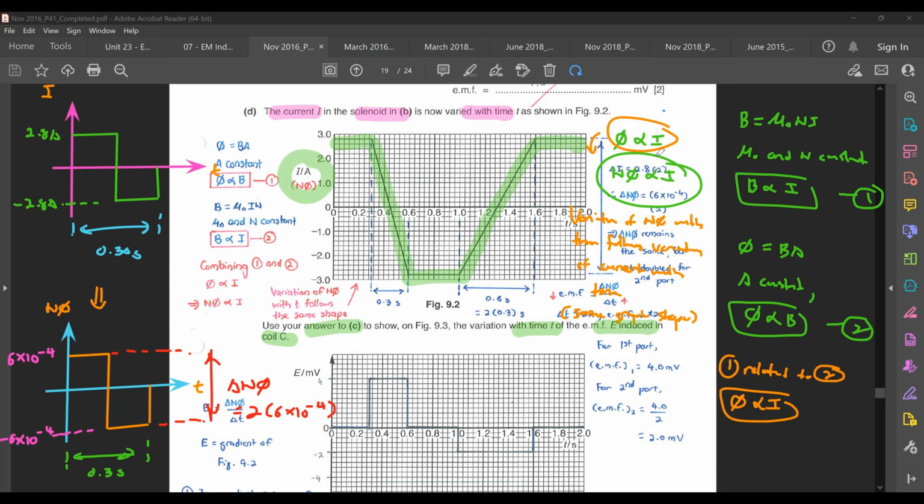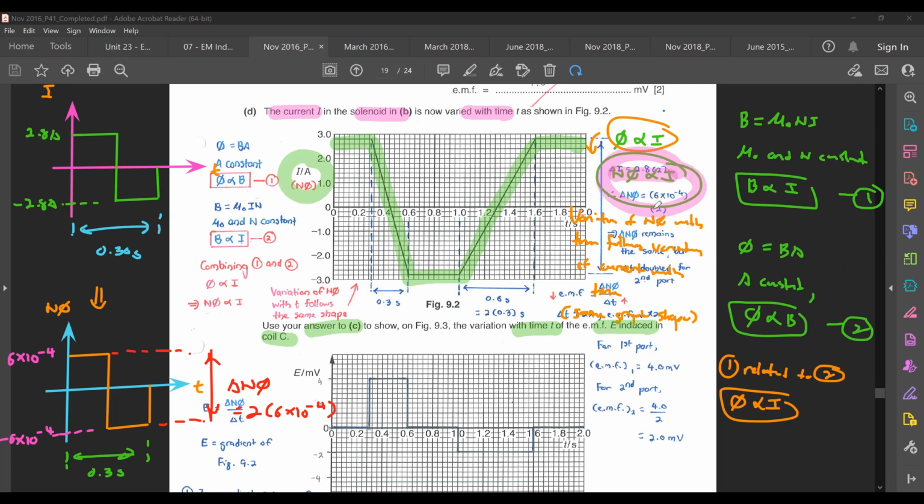Similar to what I've explained to you, the first thing you should always realize is that your flux linkage is proportional to current. This was the derivation, but the derivation here is not something you need to do all the time. You don't even need to show this. They won't even test you on this. So if flux linkage is proportional to current, this is the only relation that I need you to know.